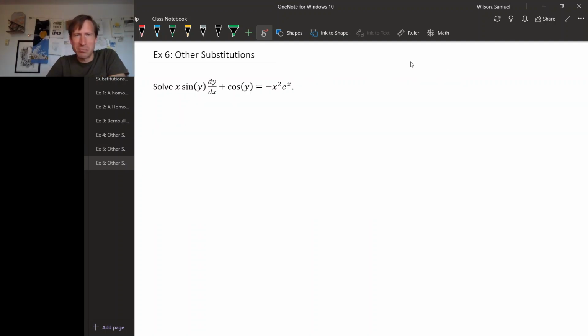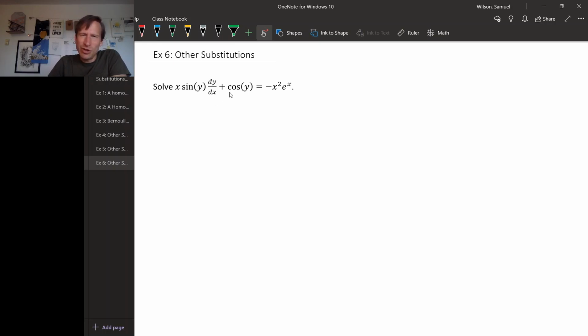Here's another example. We're going to solve x times sine of y times dy/dx plus cosine of y equals minus x squared e to the x. Again, this differential equation is strongly nonlinear because our unknown function y is trapped inside of some trig functions.